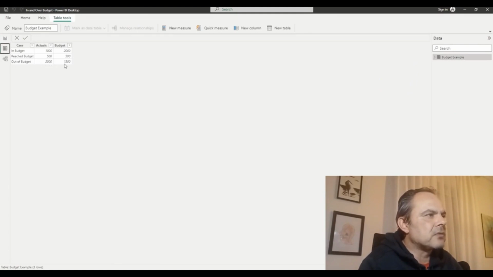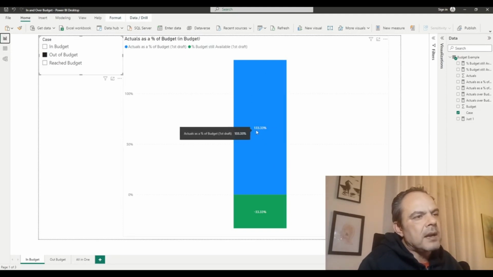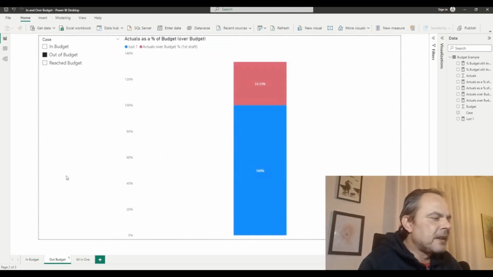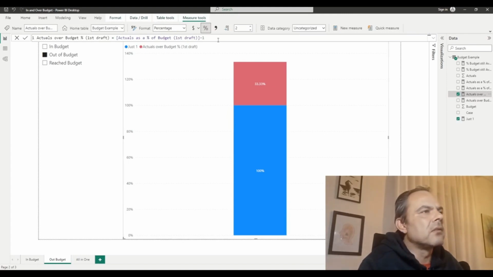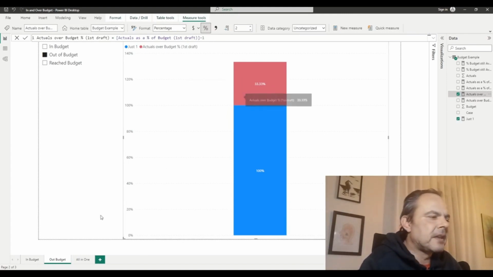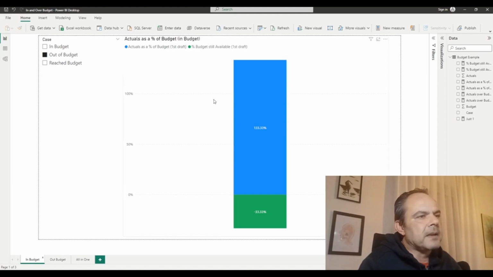We have 2,000 actuals, 1,500 budget, so the actuals are 133.33% of the budget. And if we subtract 1 from that, we get 33%. So the first graph wouldn't work properly in the out-of-budget case.